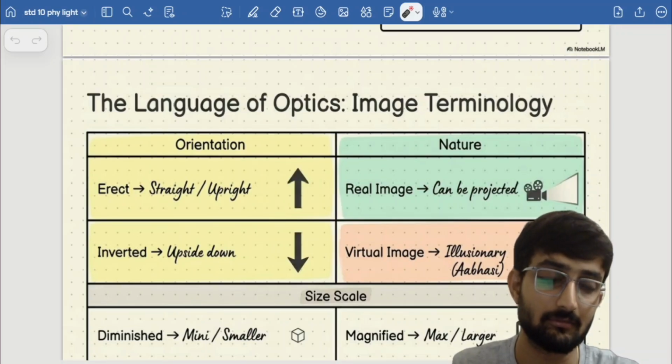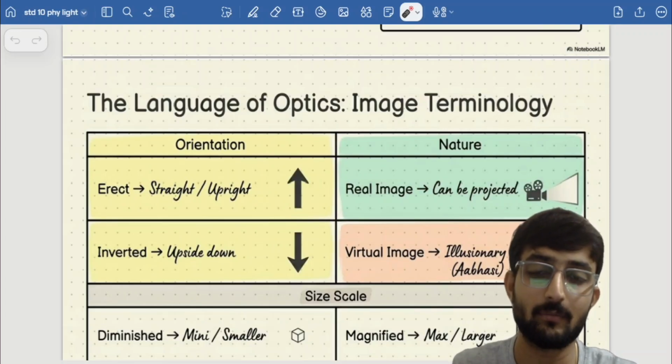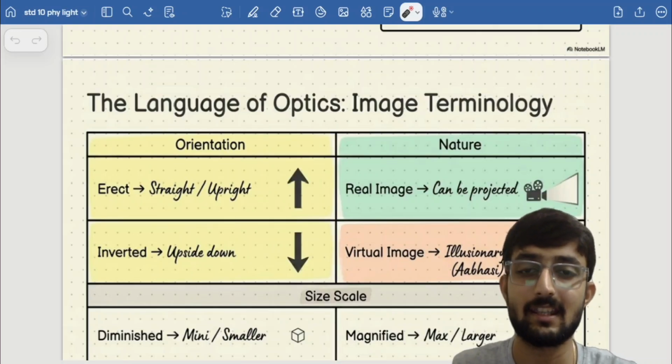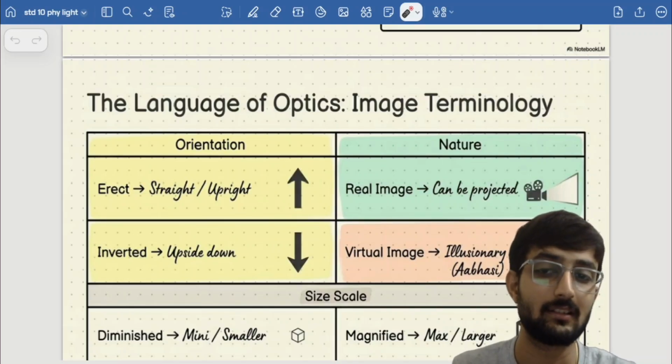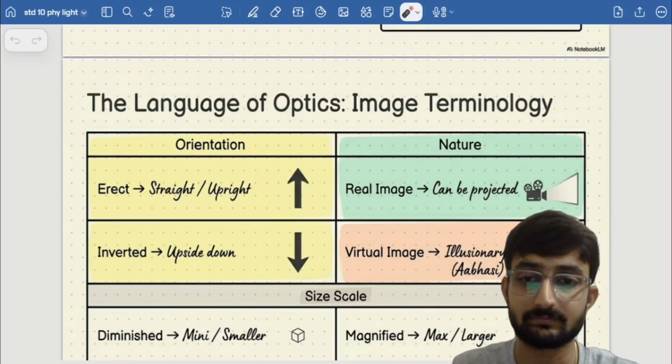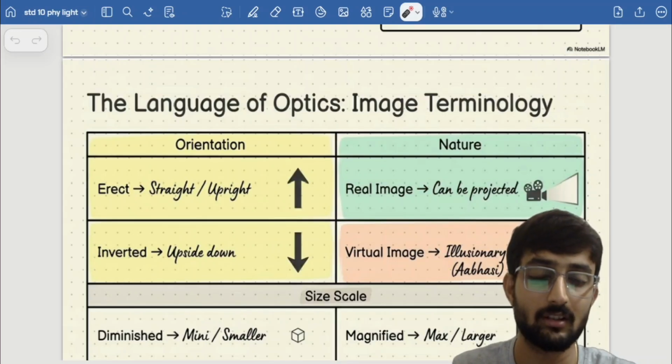When we visit the theater and watch a movie, at that time the light rays form the whole picture. So we can say that the light rays meet at the screen. That's why we can see a clear picture of that scenario. The second is the virtual image, or abhasi in Hindi.